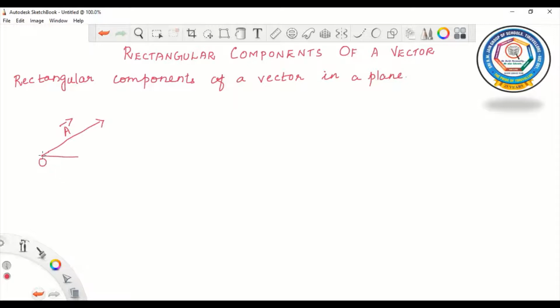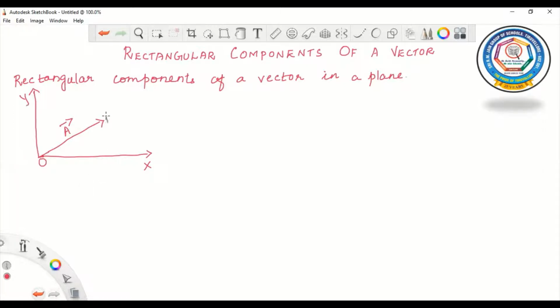So this will be our x-axis and this will be our y-axis. And these two axes are perpendicular to each other.